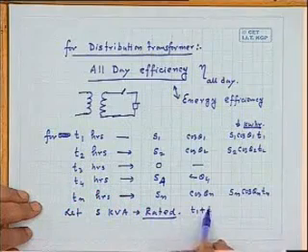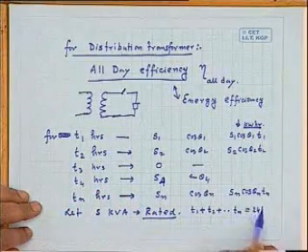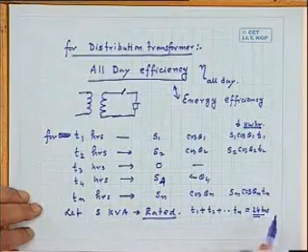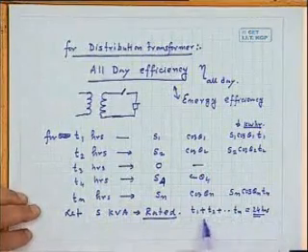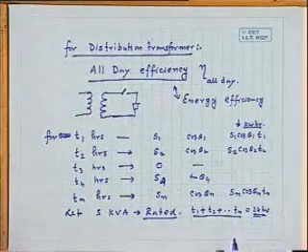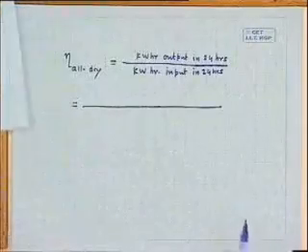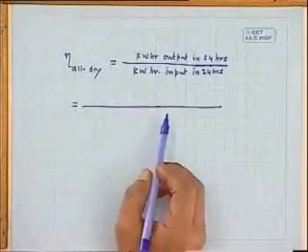Here T1, T2, T3, T4, Tn are such that T1 plus T2 plus up to Tn is 24 hours. In that way, we will grade the loading on the transformer. The sum of all the time intervals is 24 hours.